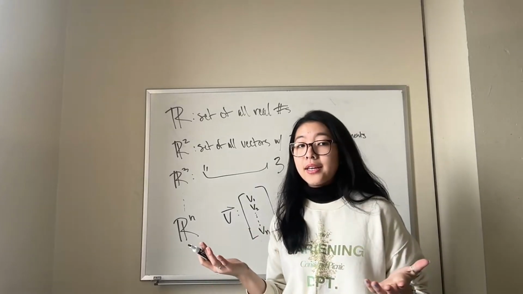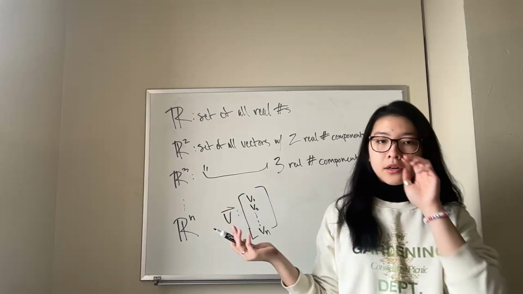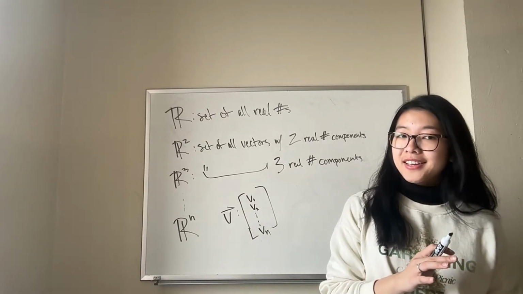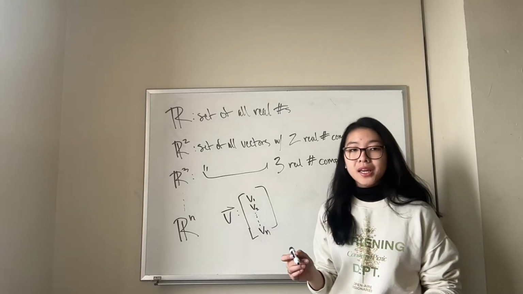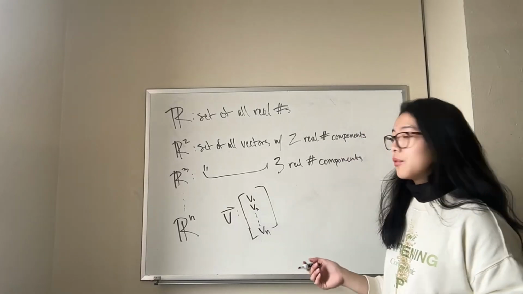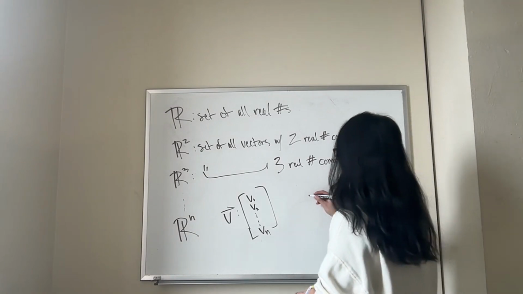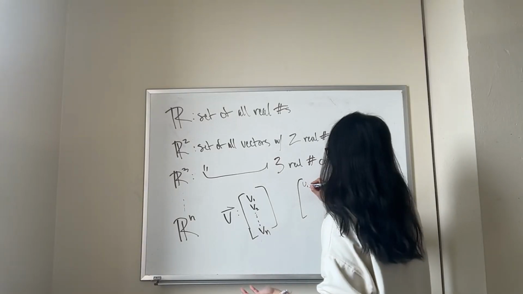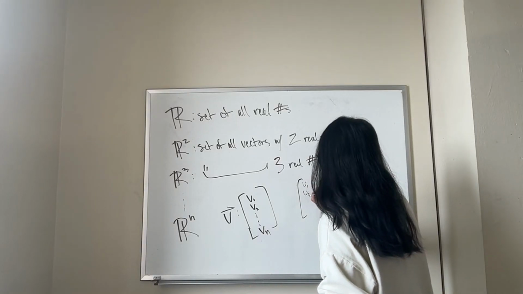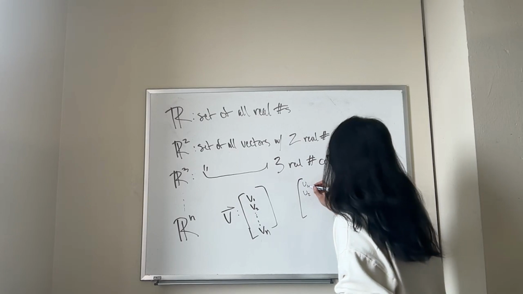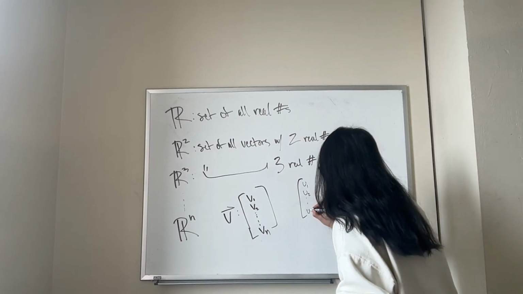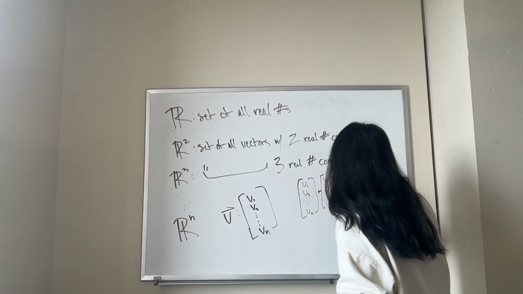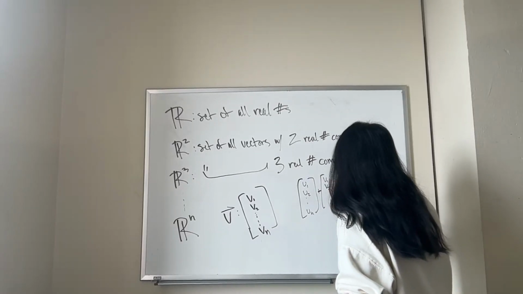And though I can't draw the Rn dimensions, the fundamental vector operations, which we talked about in the last video, vector addition and scalar multiplication, are still going to work the same way algebraically. So if I wanted to add two vectors, we'll call the first one vector u, and we can list all of vector u's components, u1, u2, all the way to un, and we can perform vector addition with the v vector.